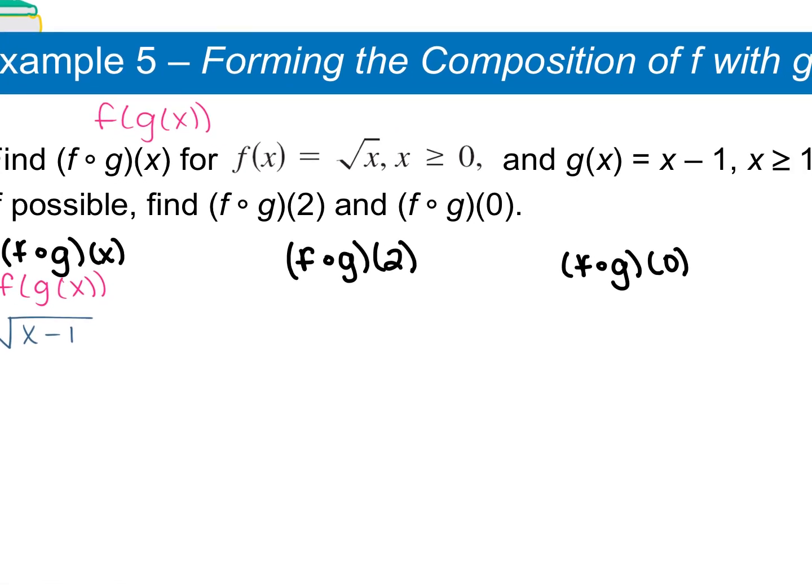For f of g of 2, we said that f of g of x is that square root of x minus 1. So you're going to plug the 2 in for that, and that's going to give you the square root of 2 minus 1, which is the square root of 1, which is just 1.